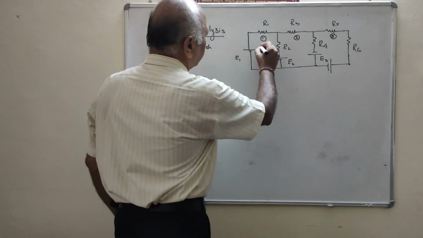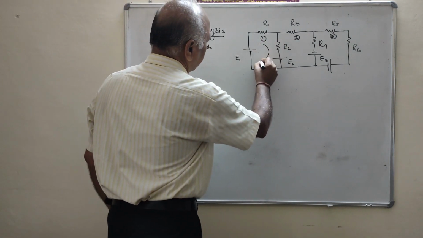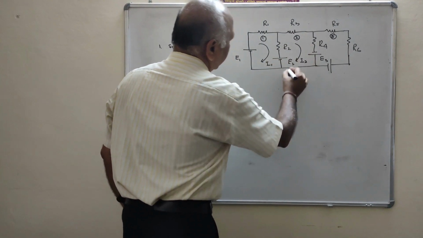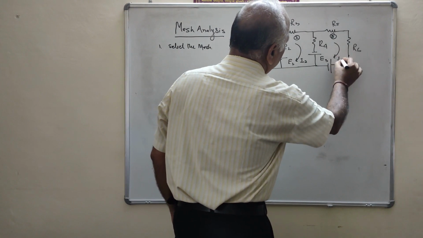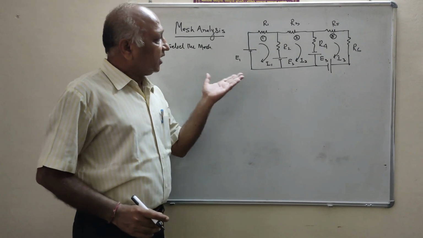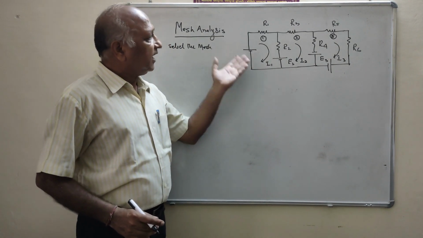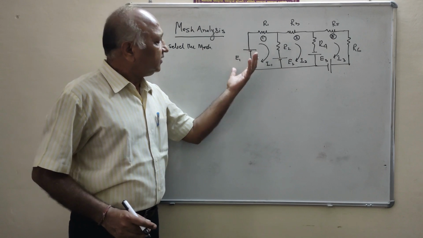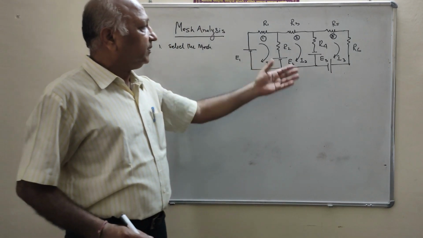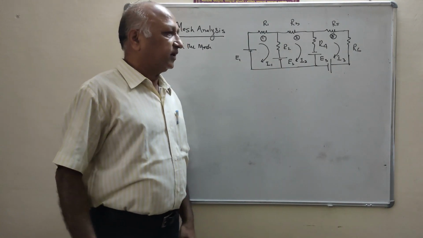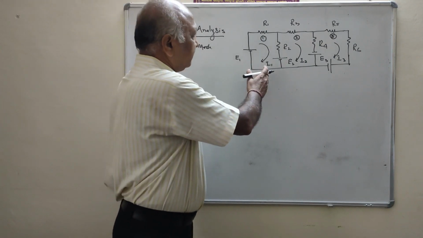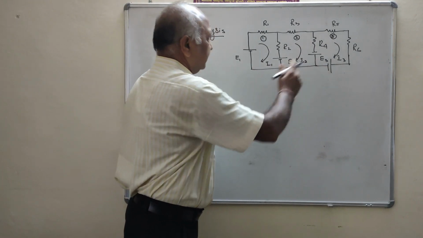Now we will put the mesh current. This is I1, this is I2, and this is I3. Always remember that we can take all currents either clockwise or anti-clockwise, and you can take one clockwise and in another mesh anti-clockwise, and so on. But preferably we take all mesh currents the same way, that is I1, I2, and I3.